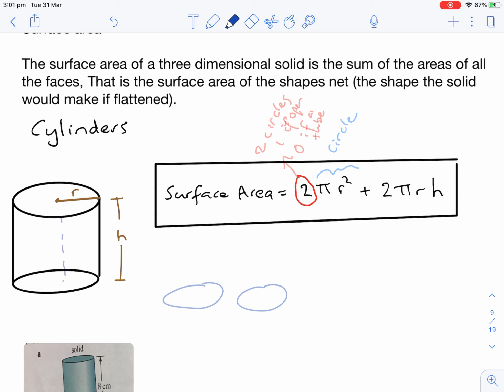If you got this cylinder and you sliced it down the middle and then you opened it up, then basically you'd wind up with a rectangle, and the length across the top is basically the circumference, because we're just cutting that circle and stretching it out long. So the circumference is the top bit, and then the height of the rectangle would be there. So 2 pi r, that part of the equation is the circumference, and then h of course is the height of the shape.